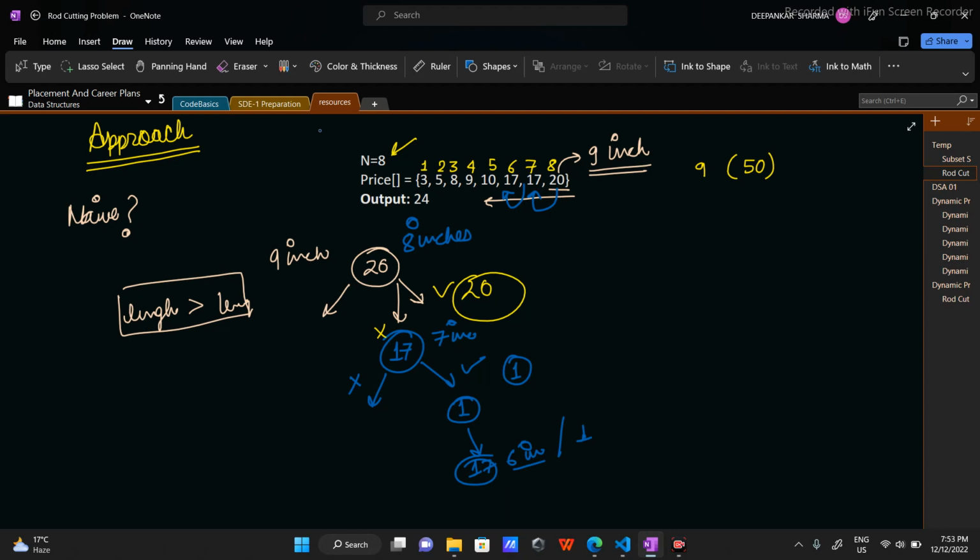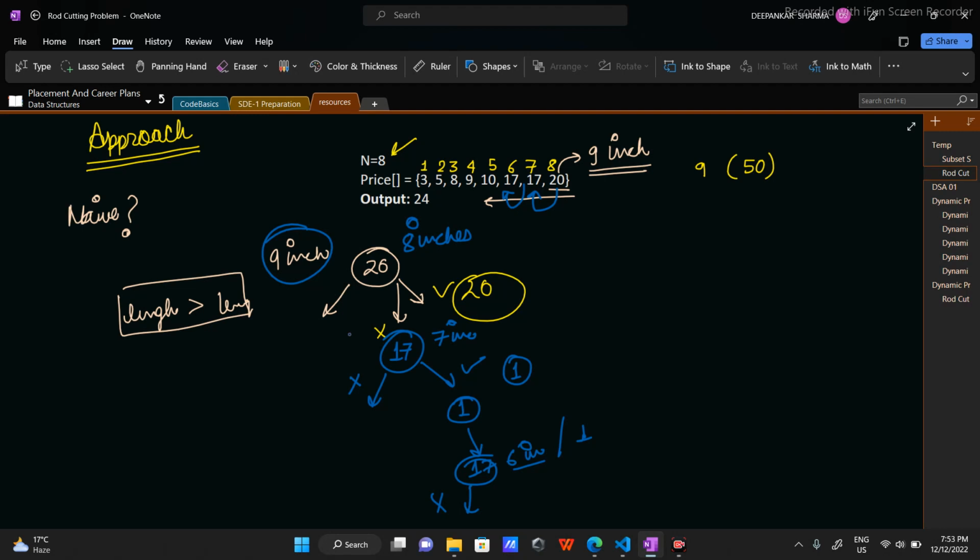I cannot include it, right? So I will have no choice here but to exclude it. This was what I was trying to say: if the length of the piece is greater than the length I am remaining with, I cannot include it.